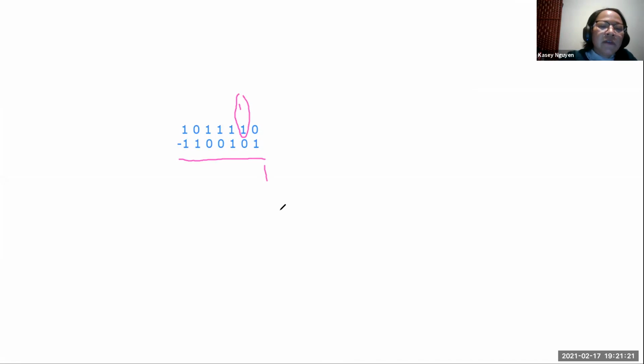So 1 minus a 1 is a 0. 0 minus a 0 is a 0. Now, done with the borrow at that point, a 1 minus a 1 is a 0. A 1 minus a 0 is, what is it? One, right? Yes.